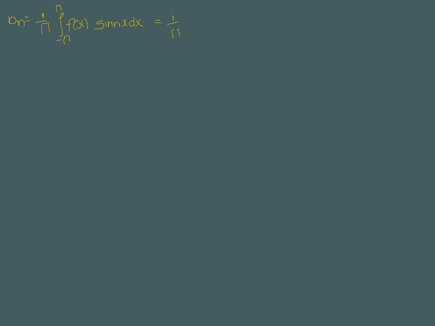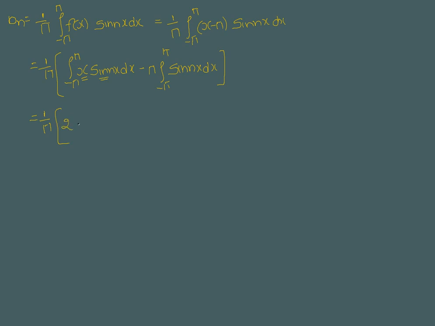That is 1 by pi times the integral from minus pi to pi of (x minus pi) sin nx dx, which is 1 by pi times [the integral of x sin nx dx minus pi times the integral of sin nx dx]. x is an odd function and sin is an odd function; odd into odd is an even function, so between minus pi to pi it becomes 2 times the integral from 0 to pi of x sin nx dx.